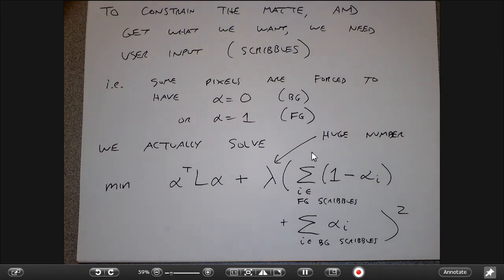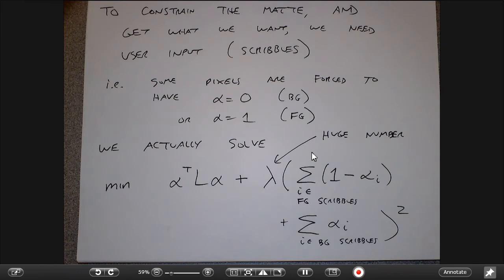And the really exciting thing from a mathematical perspective was that this researcher showed that if the color line model held and if the matting equation was accurate, so if you produce the image exactly from the matting equation, and if the scribbles were all consistent with the true underlying matte, so the user didn't screw up any scribbling, then when you solve this problem, the ground truth matte, the true matte, will always minimize this equation. And that means that you can always get to the true matte if you just keep on scribbling enough, right?